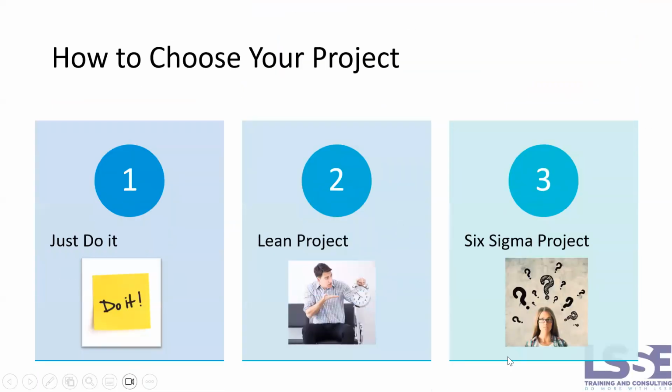Always remember too that it's not always that you get to use the Six Sigma methodology in any project. In most cases, you will encounter in the workspace or in your personal processes 3 types of projects. The first one is what we call the JDI, or Just Do It. This is typically where you know what the causes are, and you just need to implement improvement actions to address these causes.